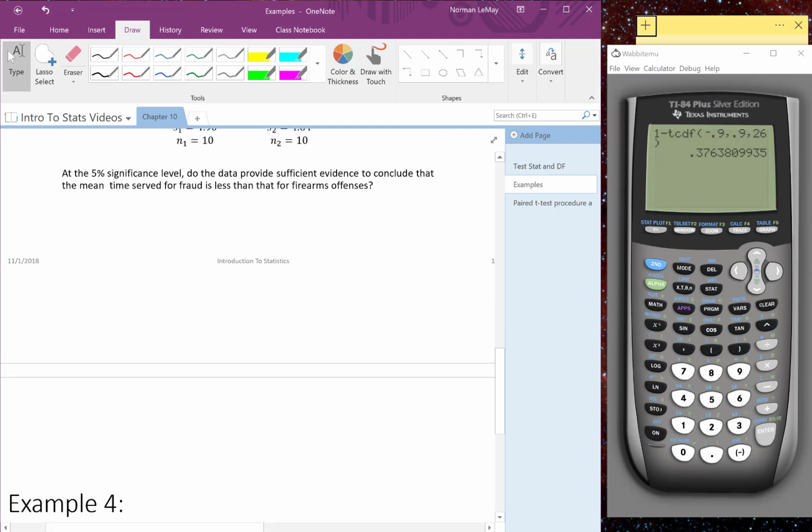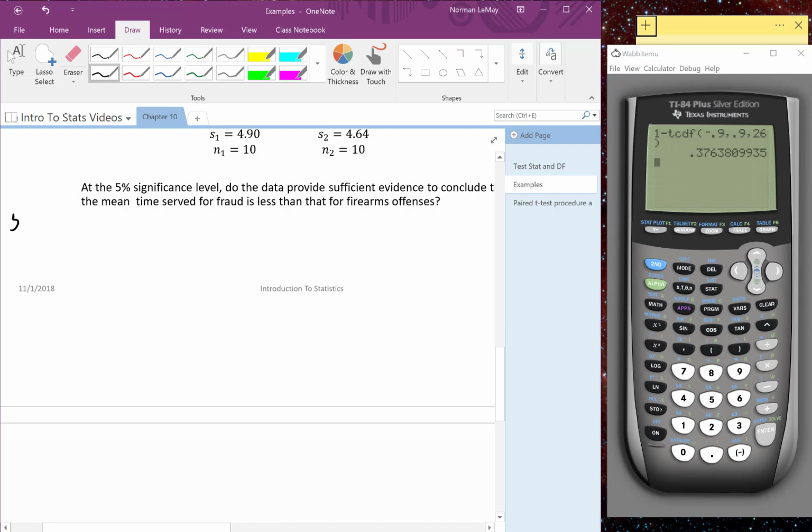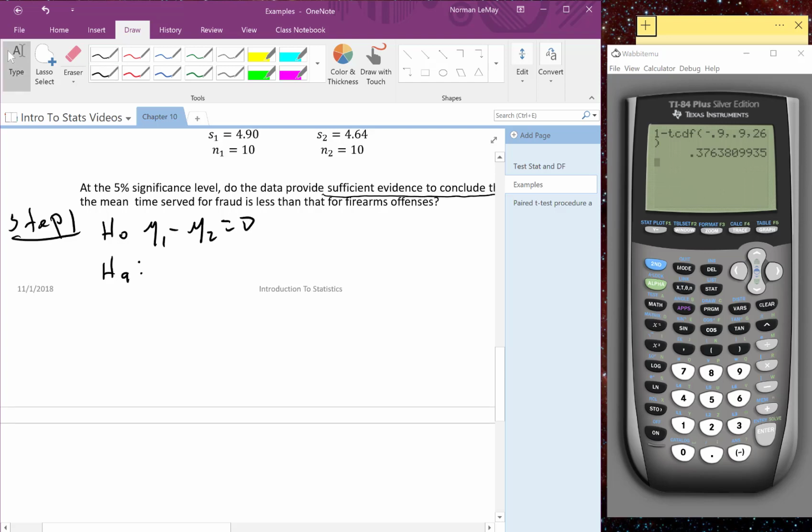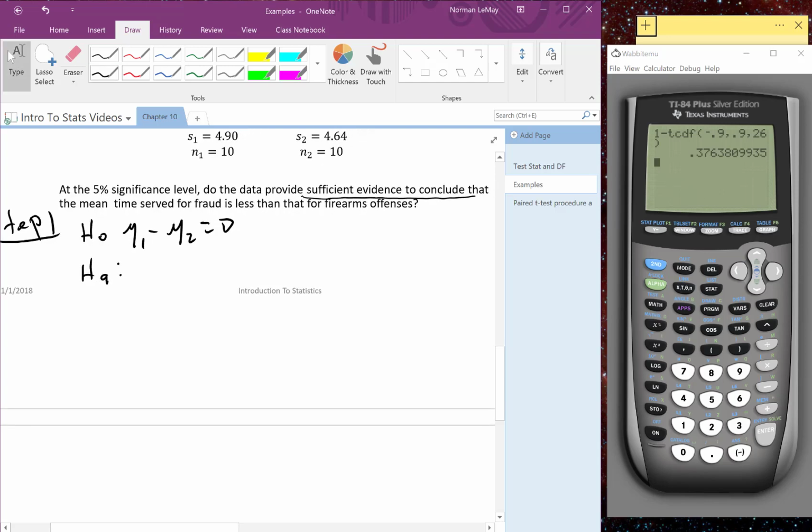So let's just note that step number 1 says to state the null and the alternative. So null is always mu1 minus mu2 is equal to 0, and the alternative, well, notice it says, do the data provide sufficient evidence to conclude that the mean time for fraud is less than that of the firearms?